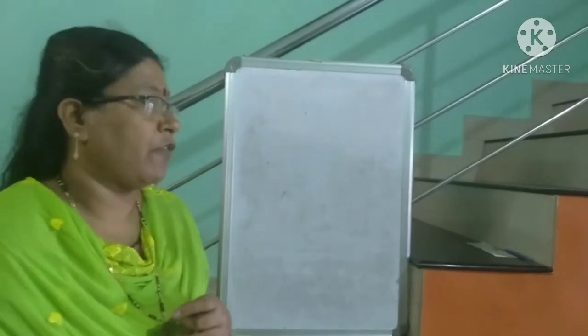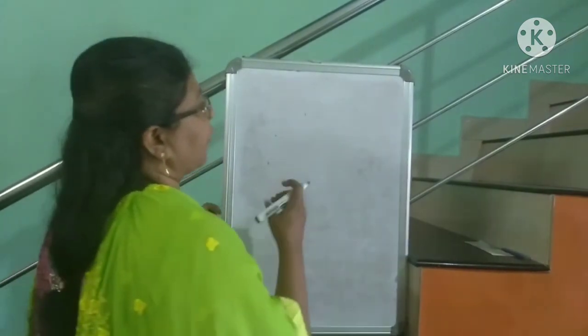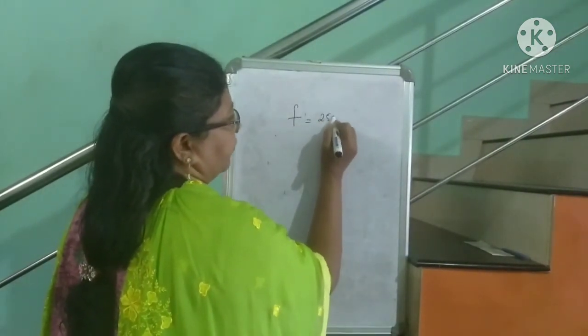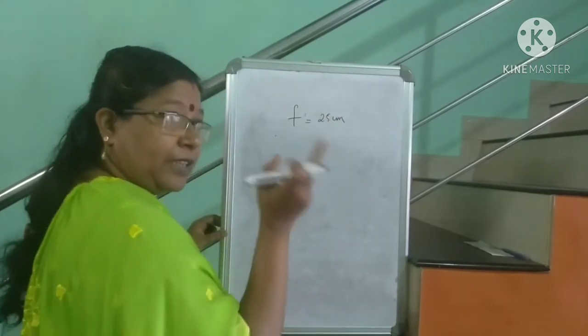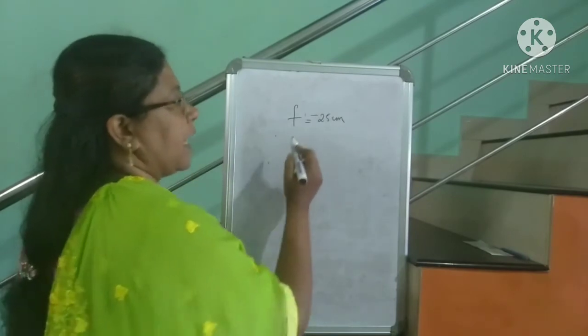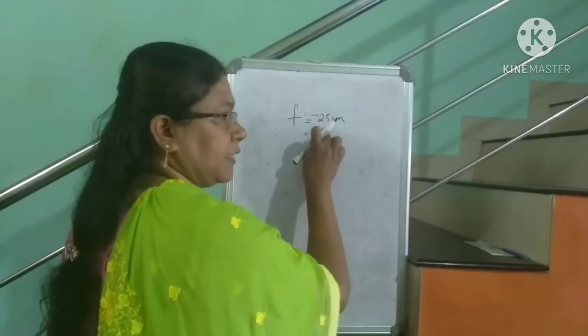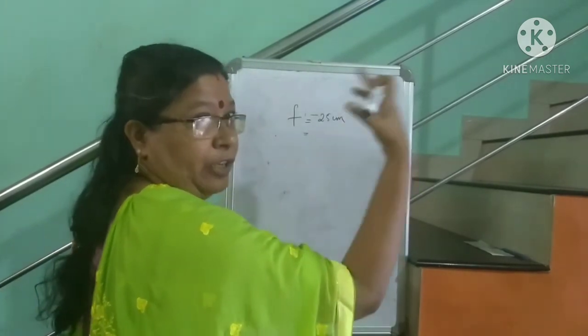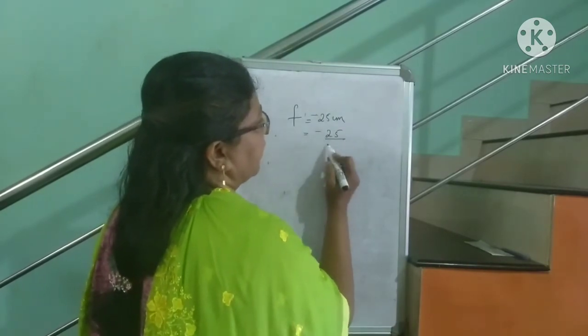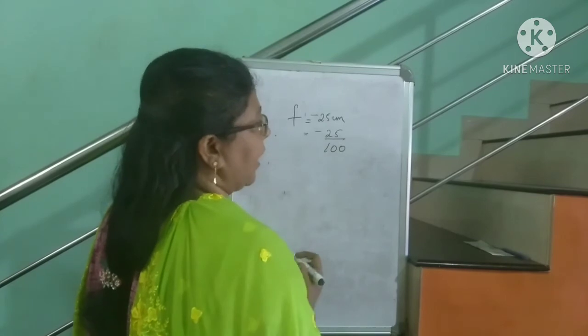Then the question: calculate the power of a concave lens of focal length 25 centimeter. So since this is a concave lens, focal length is negative. Then you have to convert this centimeter into meter. So how will you convert centimeter into meter? Divide by 100.